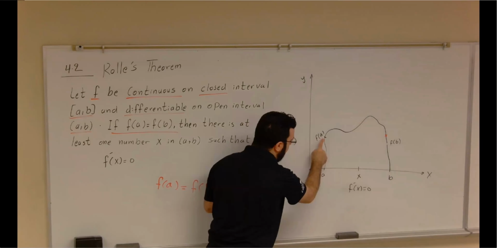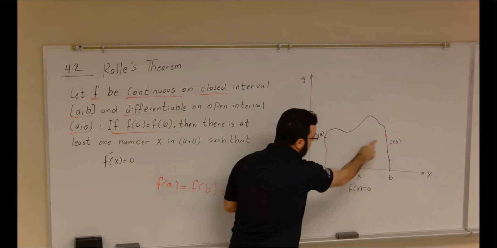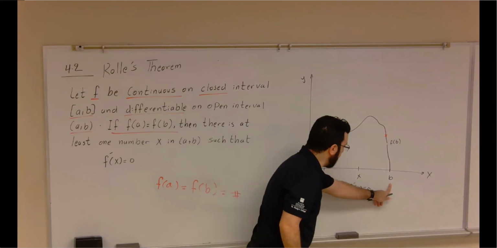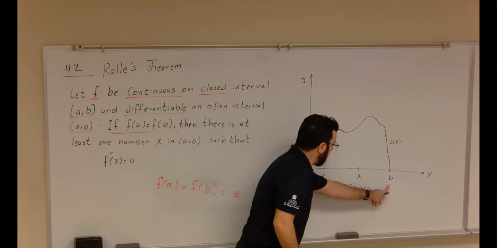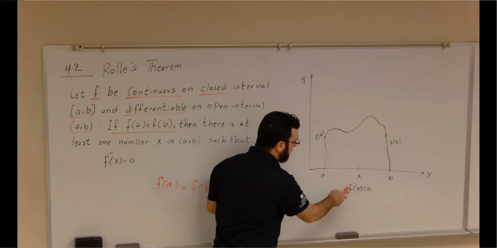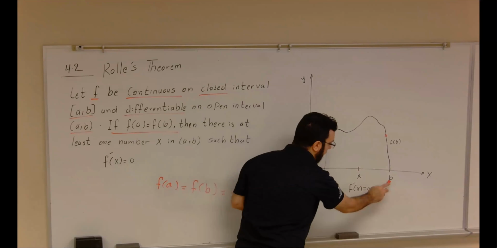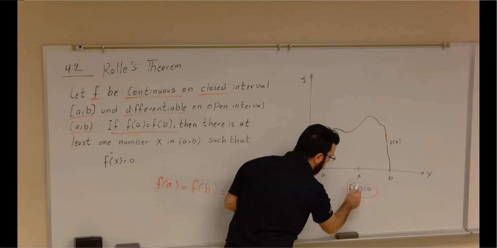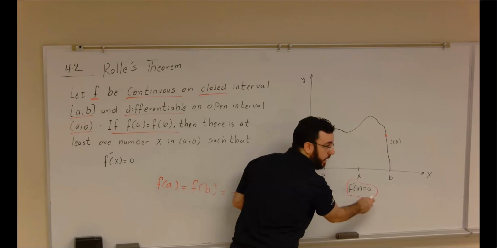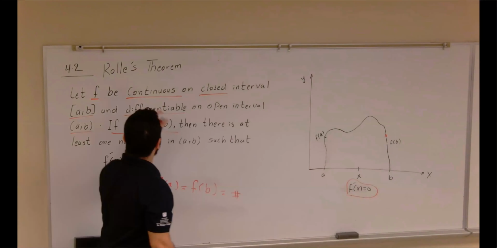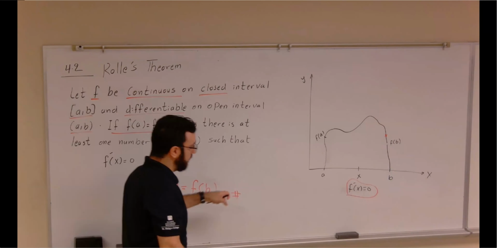If f(a) equals f(b) and f is continuous and differentiable between a and b, then there exists a number c between a and b where the derivative of the function at that number equals what? 0. That's called Rolle's theorem. You can check that when we do an example.